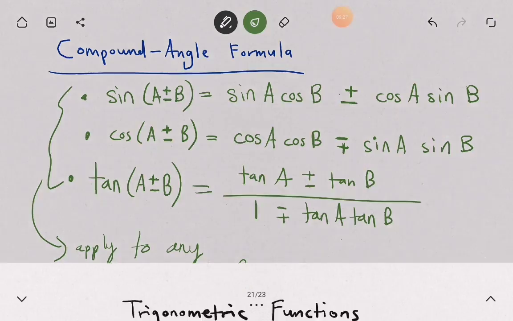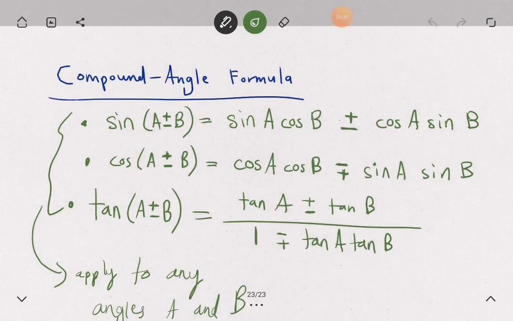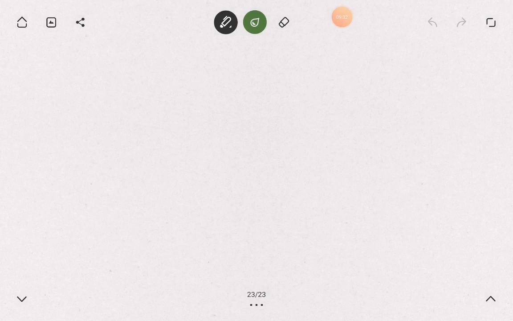Now we'll do an example. Maybe we don't need to calculate, but I'm just going to show you how to use it.